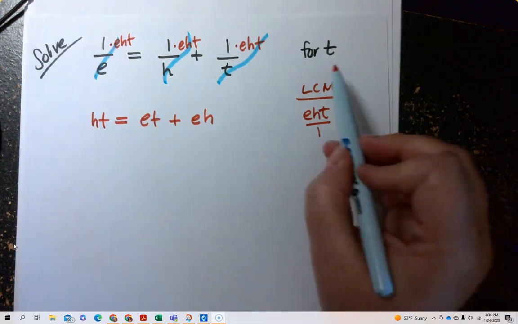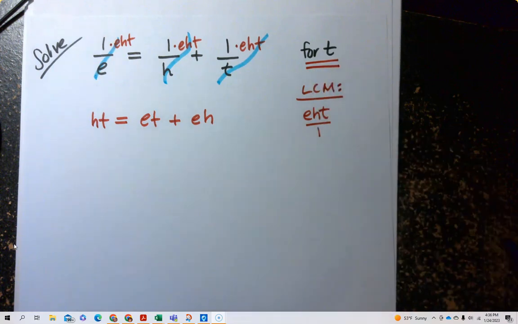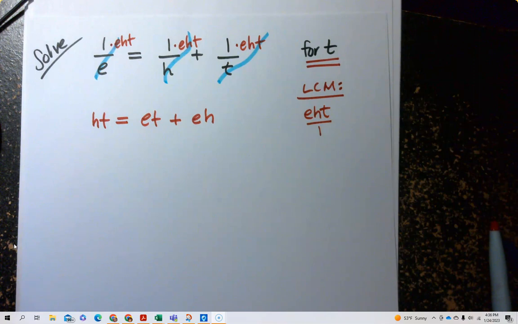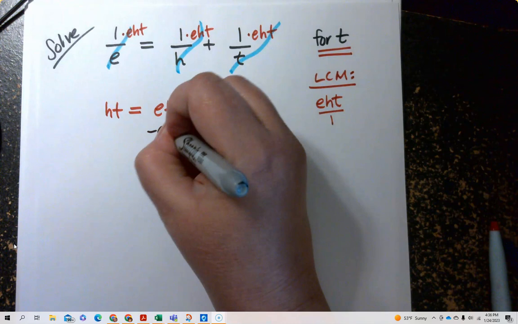Now I'm going to go back and look at this. I'm solving for T. Right now I have T's on different sides of the equation. That doesn't help me. If I want to solve for T, all the T's have to be on the same side because I have to be able to get them alone on one side. So the next thing I'm going to do is subtract ET from both sides.